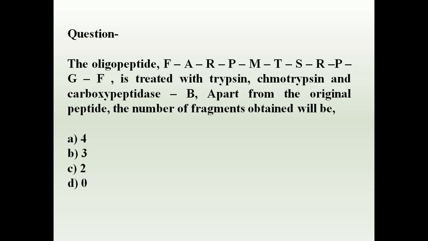Next question. The oligopeptide, which is composed of the given amino acids phenylalanine, alanine, arginine, proline, methionine, and this is tryptophan, serine, arginine, proline, glycine and phenylalanine, is treated with trypsin, chymotrypsin and carboxypeptidase B. So apart from the original peptide, the number of fragments obtained will be.